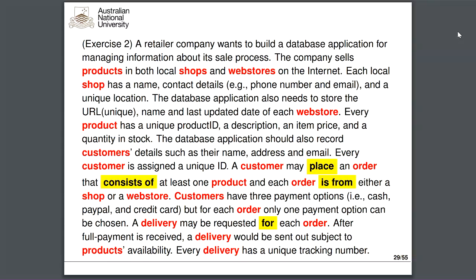Now, if you look at the other sentence: customers have 3 payment options, but for each order, only 1 payment option. Here you have customer and order, 2 entities. Maybe you identify another kind of relationship, but the relationship is actually already identified here, so you don't need to do that twice.